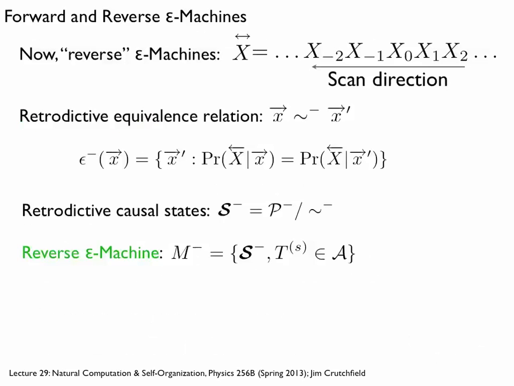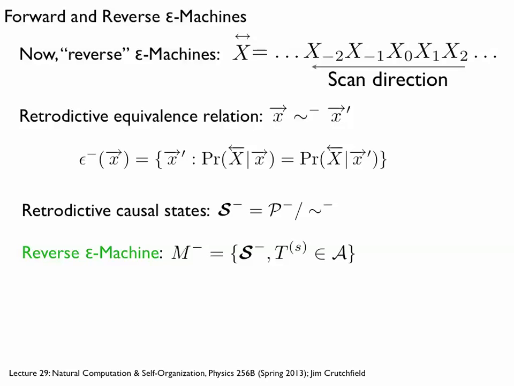Similarly, for the reverse scan, we have twiddle minus. We're grouping futures to retrodict the past. We put futures together when they give us the same reverse morph.